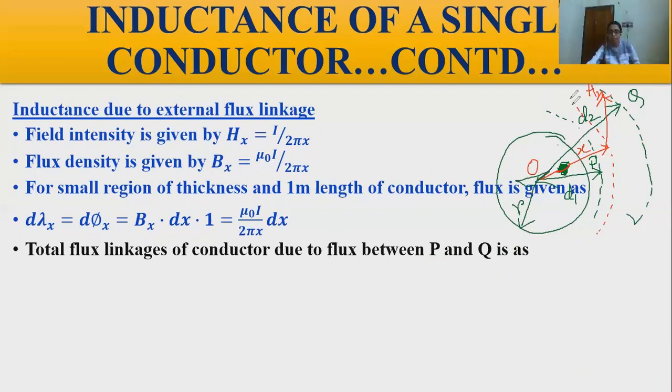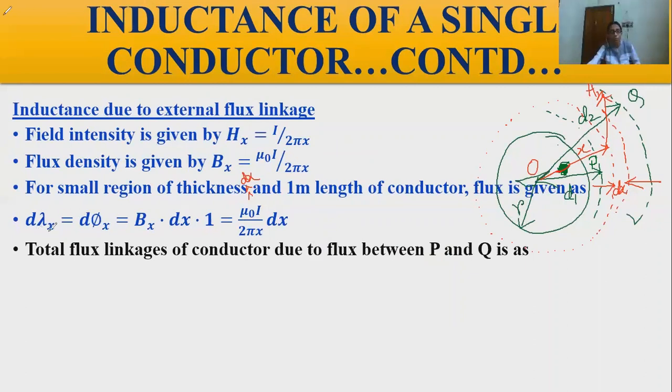Next, for a small region having the thickness dx and 1 meter length of the conductor, the flux is given by d lambda equals d phi x.